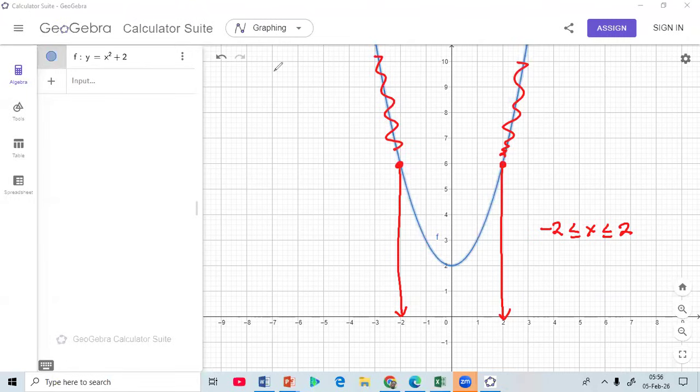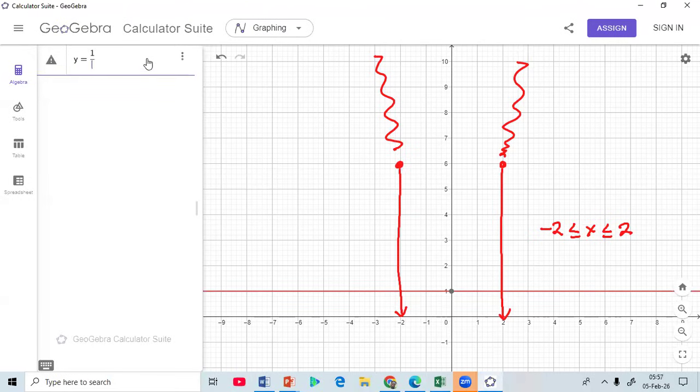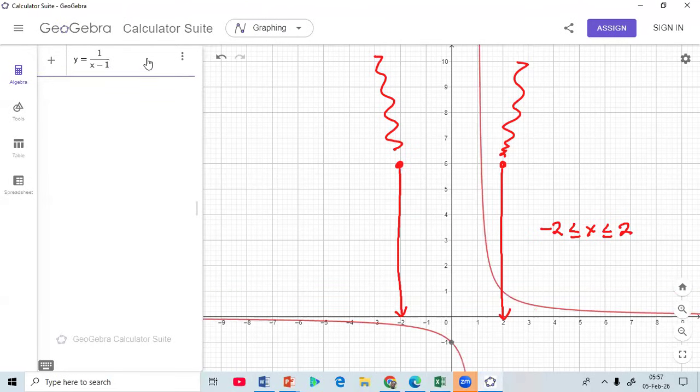Now, number 2, allow me now. When is it meaningless? When it does not make sense. An example I'll give you for that, to see where it is meaningless. Allow me to draw the graph y is equal to 1 out of x minus 1. Now, you are seeing that kind of graph.